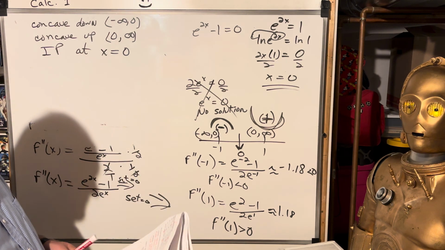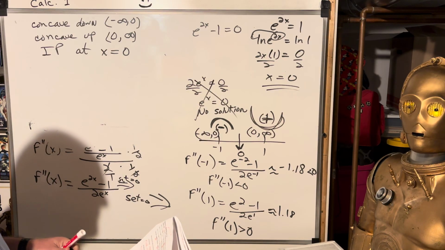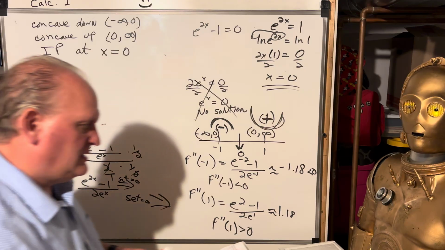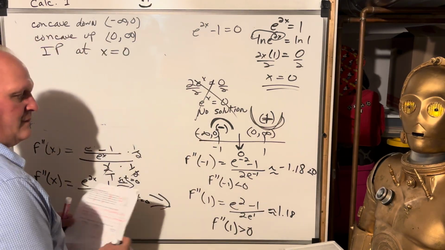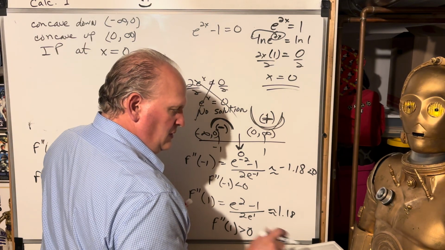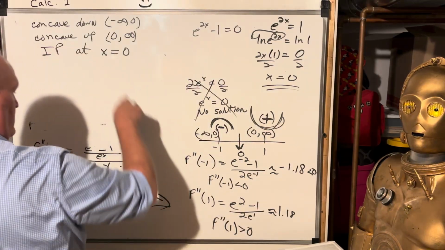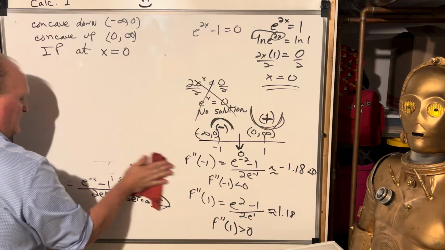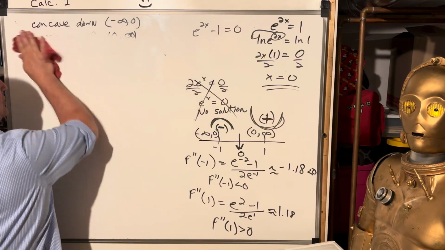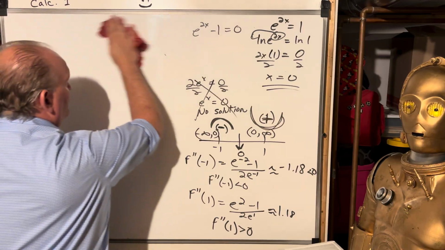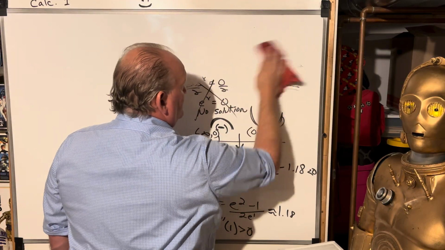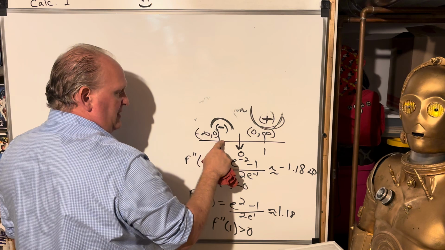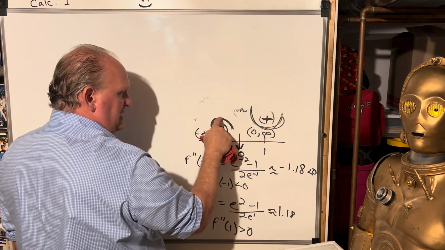Let's take a look at page 20, the second derivative test. Instead of looking at whether it's increasing or decreasing off of the first derivative to determine whether it's a local max or a local min, we could play with the second derivative and look at the concavity. Because if it's concave up and you have a critical point in that interval, that's going to be a min.